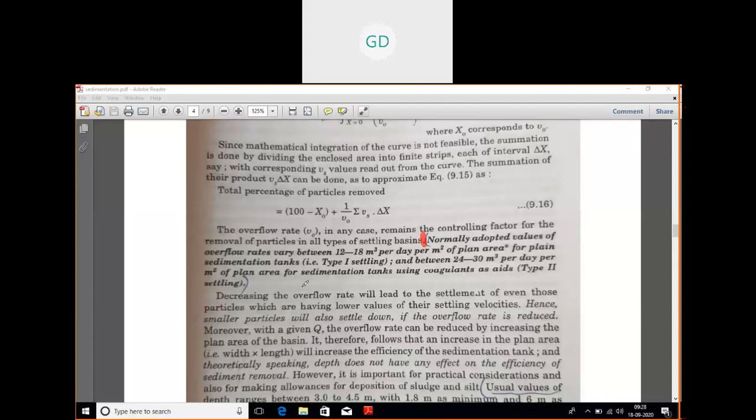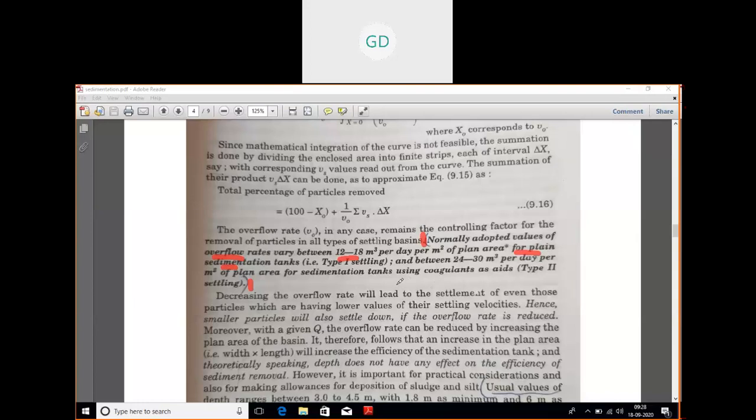You can write it in short form also. For plain sedimentation tank, give a dash and write the overflow rates vary between 12 to 18 meter cube per day per meter square of plan area.